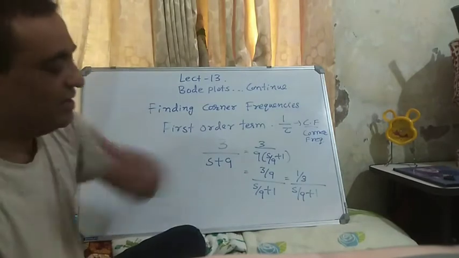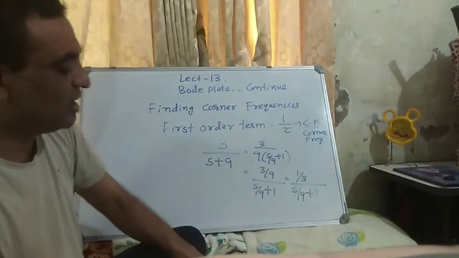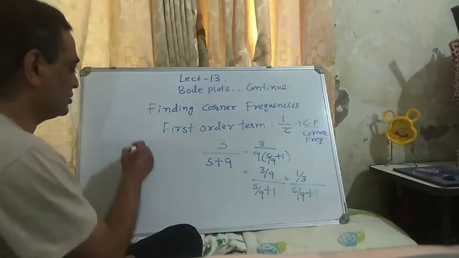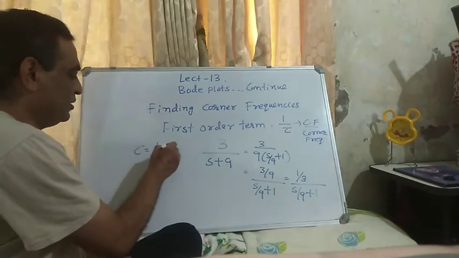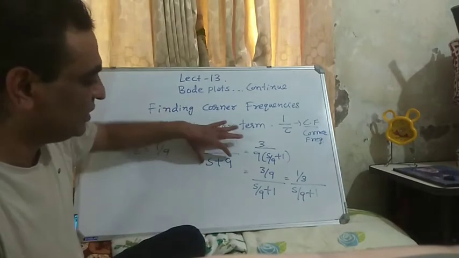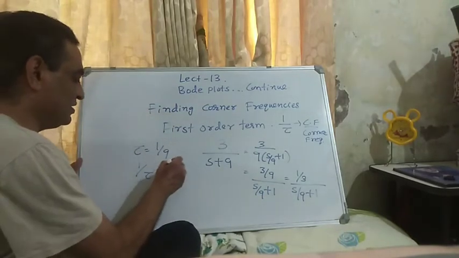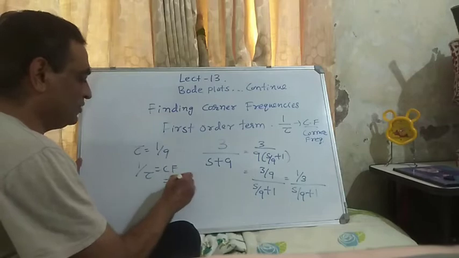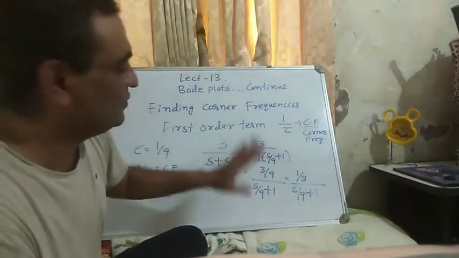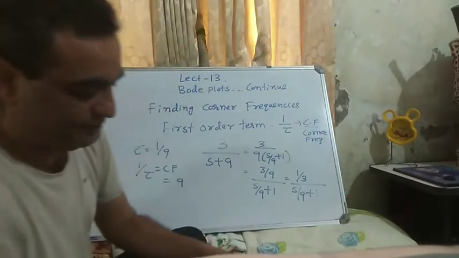So what is K? K is 1 by 3. What is tau? Tau is 1 by 9. So the corner frequency for this term is 1 by tau, which is equal to 9. So 9 is the corner frequency for this term.